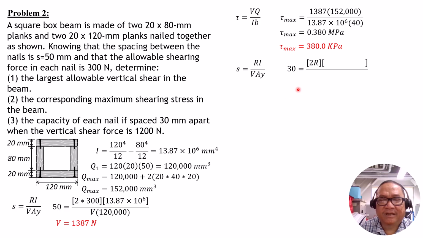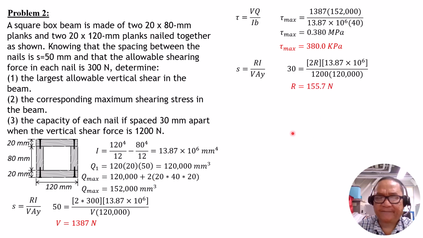So 30 equals 2 times R, 13.87 times 10 to the 6 over shear 1,200, times 120,000. Solving for R is 155.67 newtons or 155.7 newtons. So that's it for this video.